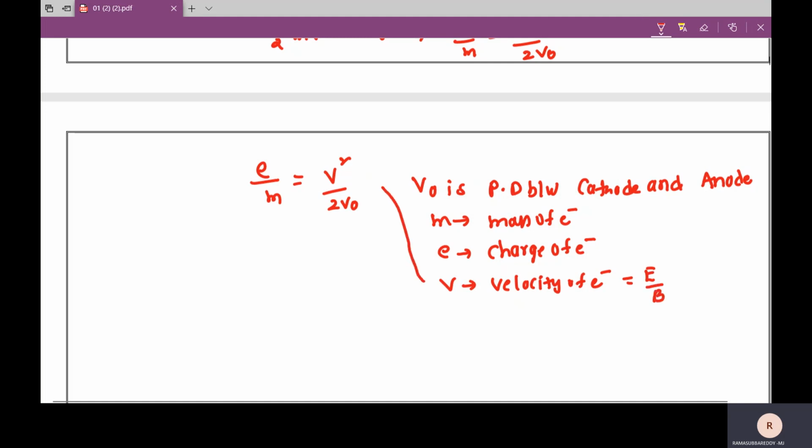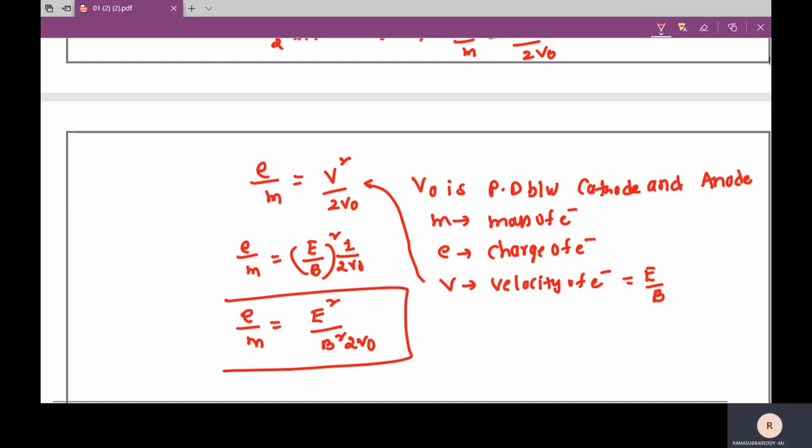This we substitute here. Then our e by m is equal to, in the place of v, E by B whole square, and 2 V naught. Then e by m is equal to E square by B square 2 V naught.